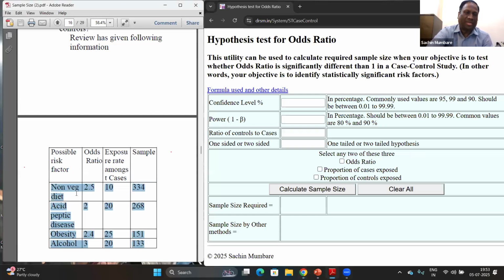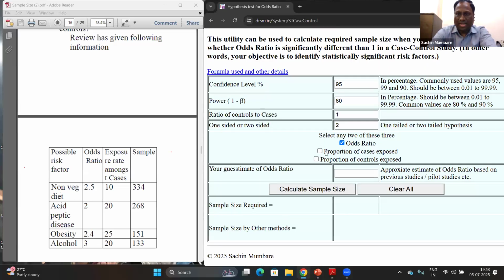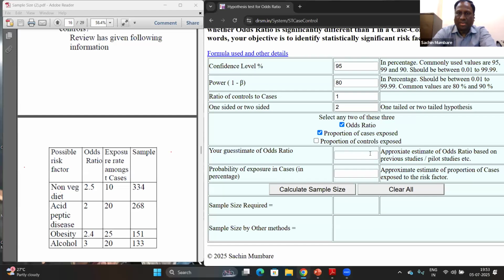So for acid peptic disease, the odds ratio is how much? First, I will put these values. Confidence level of 95%, power of 80, ratio of cases to controls is 1. It is two-sided. And the odds ratio is given, and the exposure rate is given.